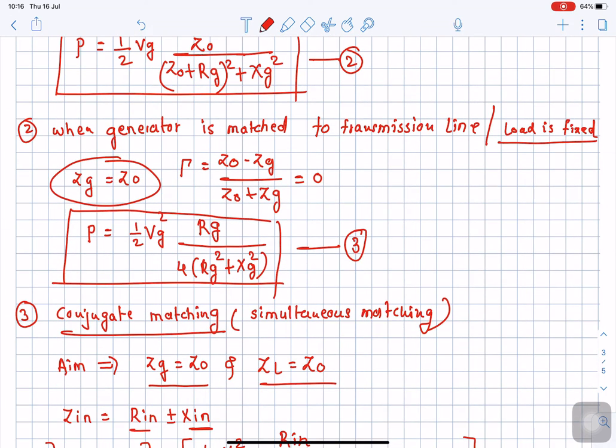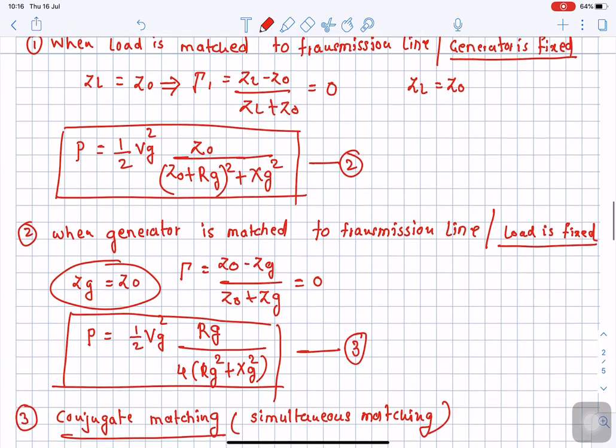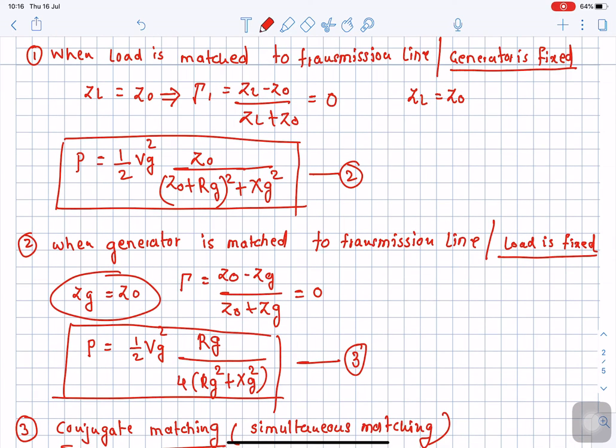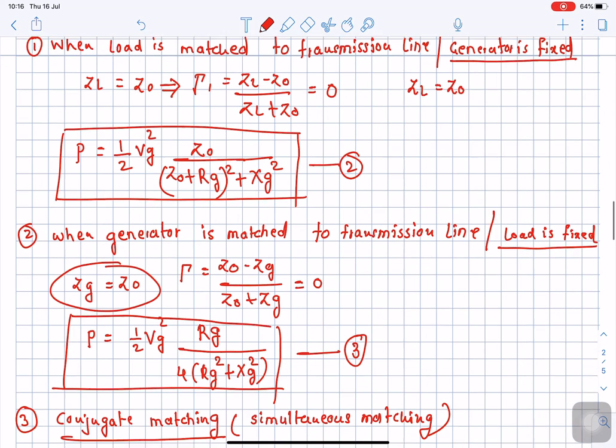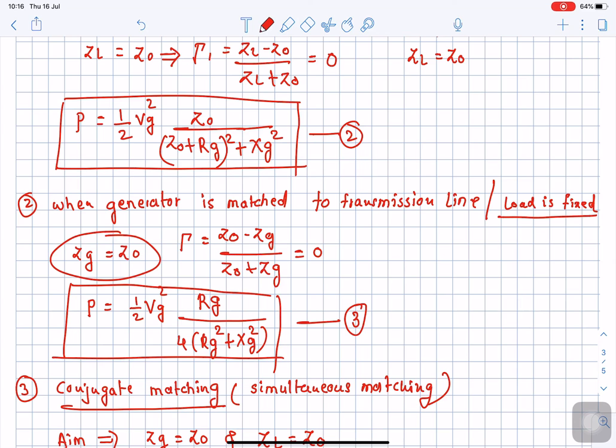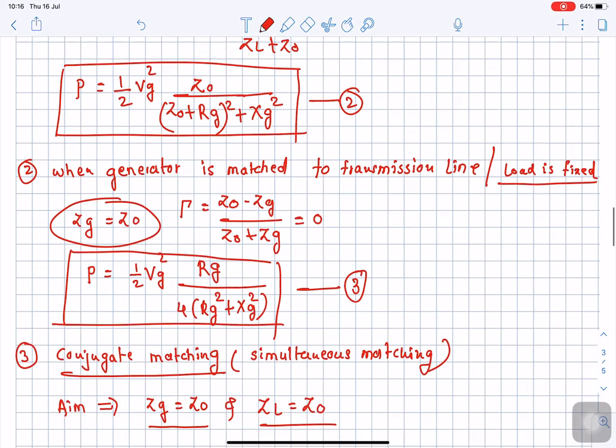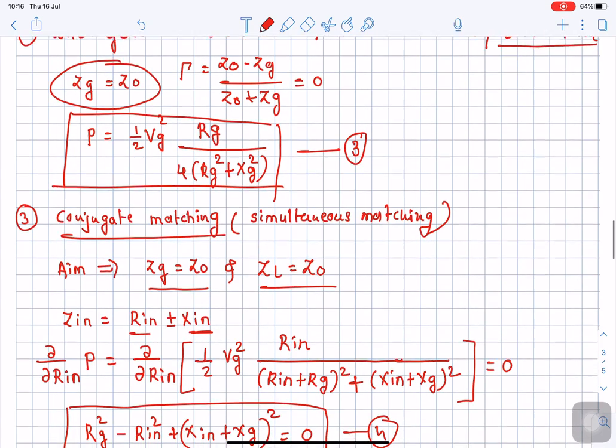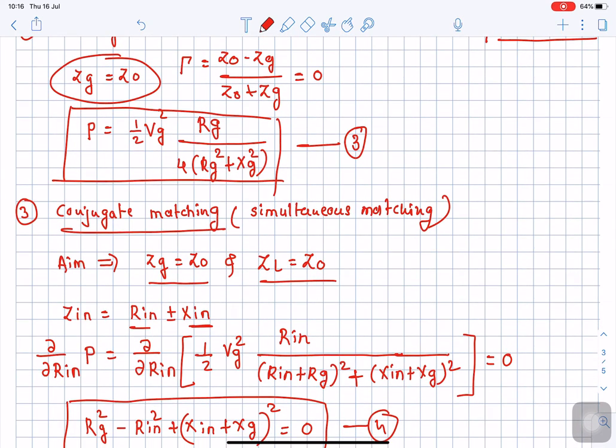In case number 1, we match the load impedance with the characteristic impedance of the transmission line, and in the second case we match the generator impedance Zg with the characteristic impedance of the transmission line. Now the third situation is one in which we match both.